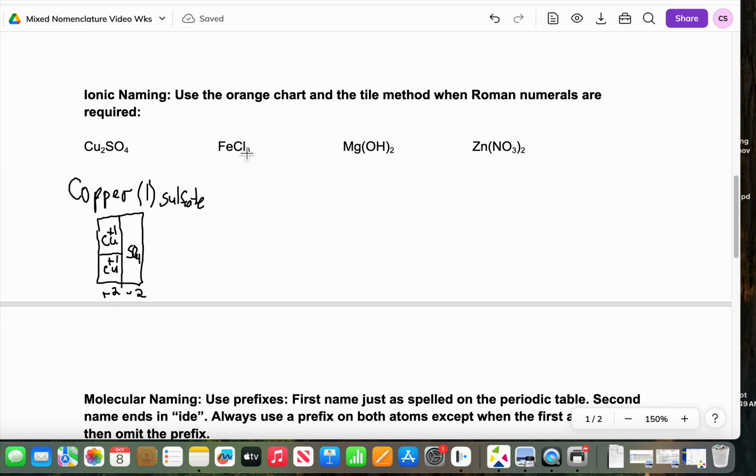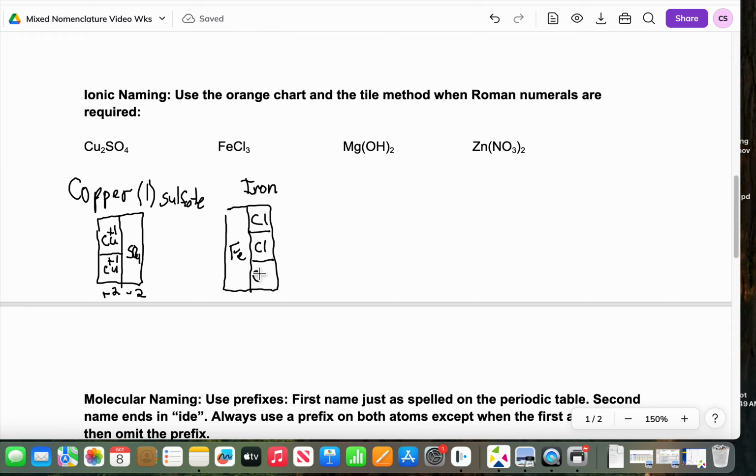Okay, this one, iron and chloride. So you write down iron, and you would notice that it needs a Roman numeral. So you could make the tiles or the rectangle. Make a rectangle, cut it in half. You need 1 iron and 3 chlorides.